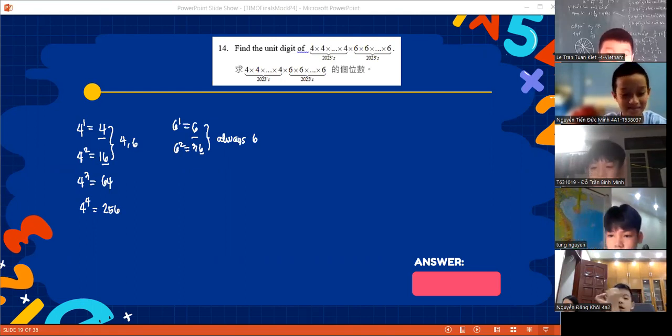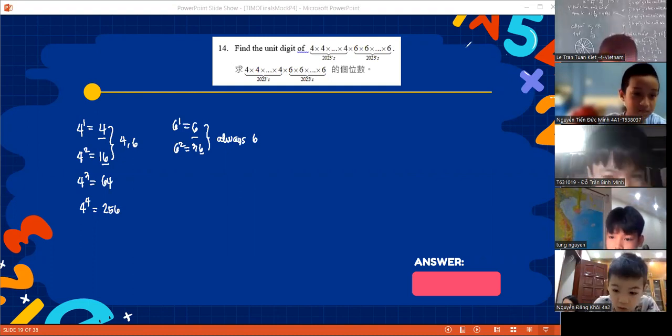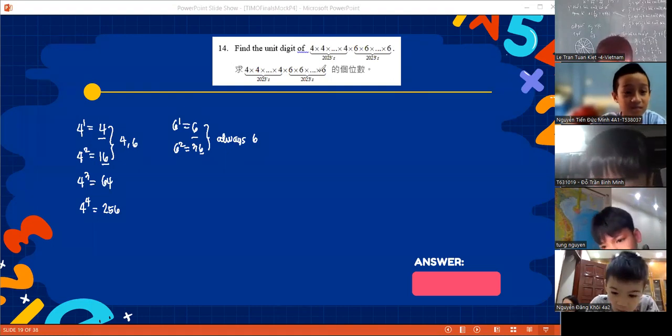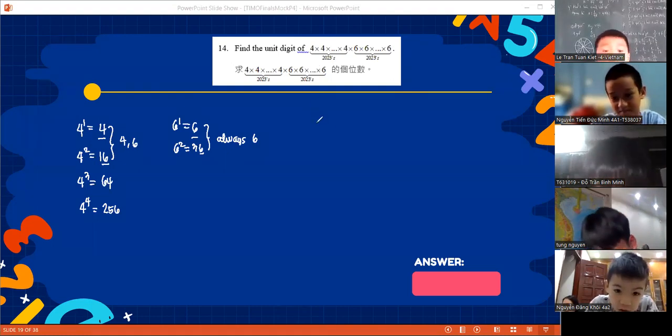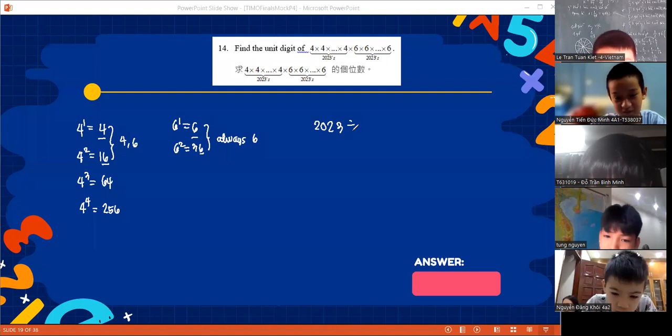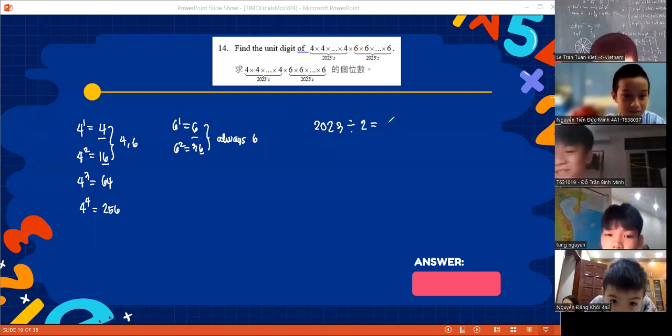Okay, continue. My answer is 1. So this is 2023, right? If you have 2023, how many numbers are repeated here? 2. So divide it by 2. You will get a remainder of 1, right?